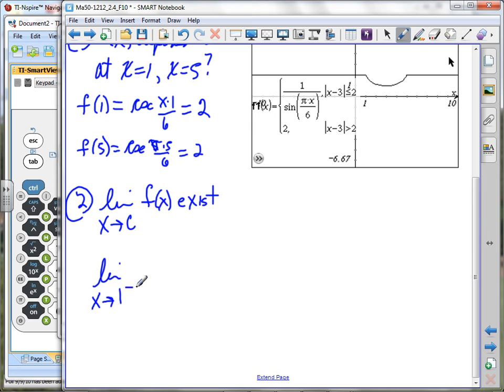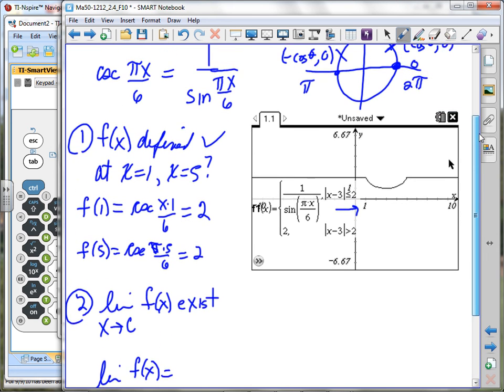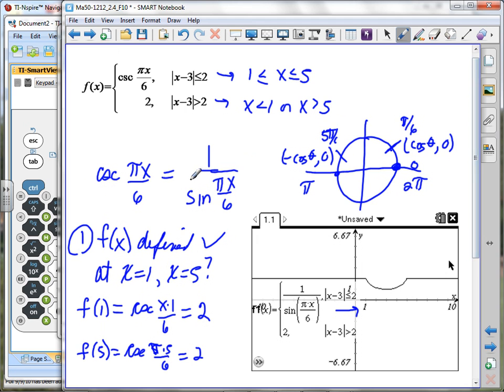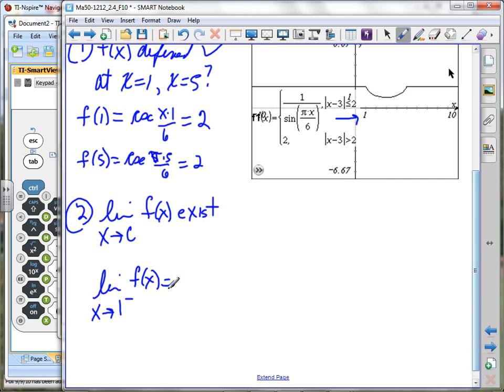As it approaches 1 from the less than 1 side, what's our limit? Which piece of the function are we using? The cosecant or the linear function? Linear function. So as we approach it from the less than 1 side, what's the limit of the outputs? 2.